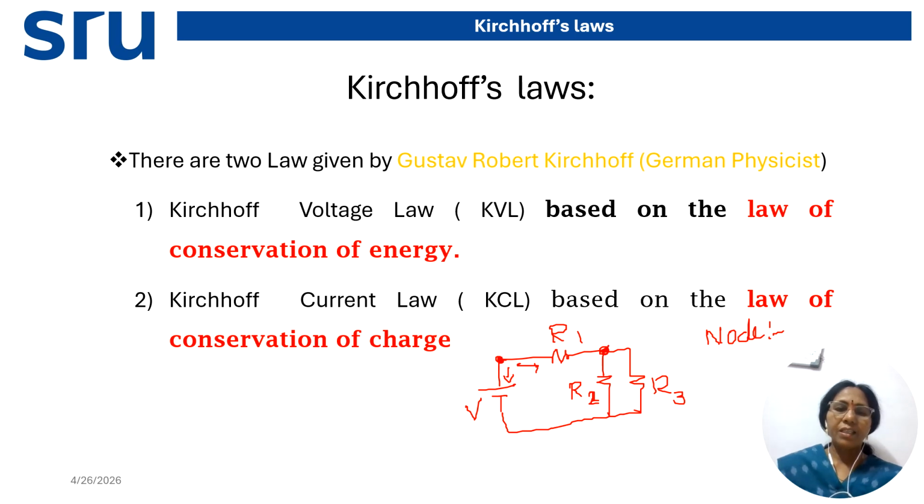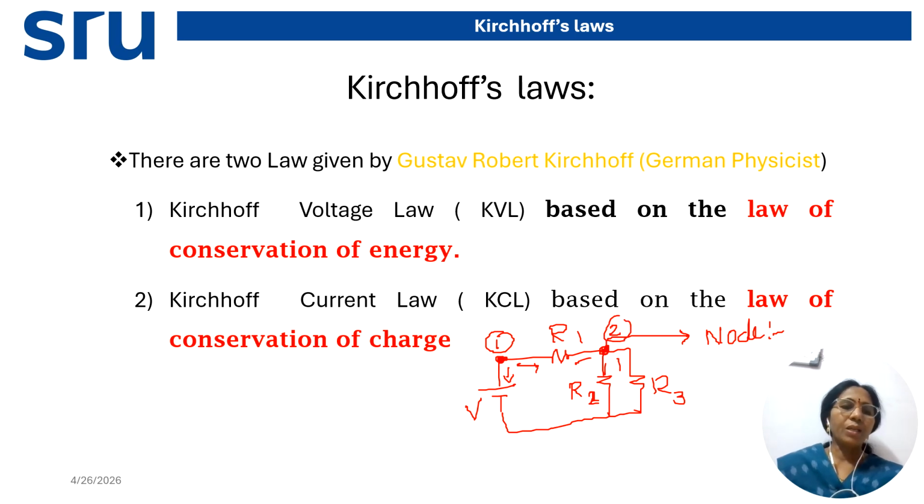And here it is the point where three resistors are connected together. So this is known as a node, the point at which two or more branches are connected together. Here there are two elements or two branches connected together, and here three branches connected together. In this network, this is node 1 and this is node 2.